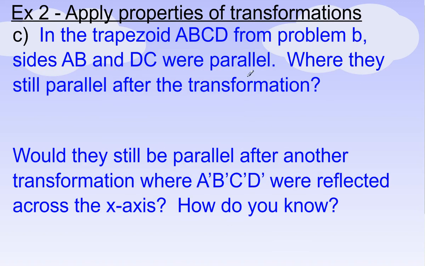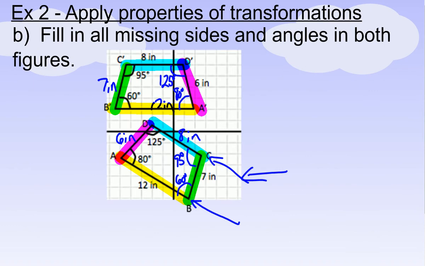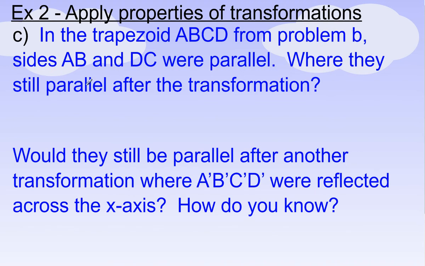Were they still parallel after the transformation? So after the transformation, I'm looking for A prime, B prime, and C prime, D prime. Do they still appear to be parallel? Yeah, they do. Those lines still appear to be parallel to each other. So yes, they were still parallel.